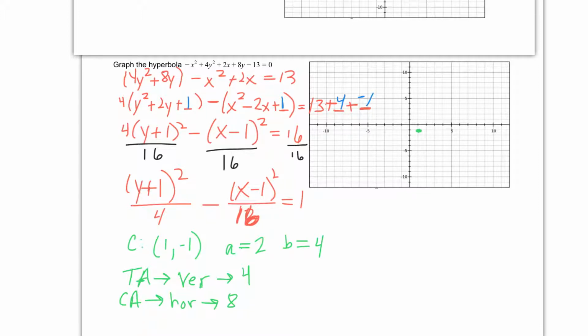And then we'll go ahead and graph our imaginary rectangular box. So with our transverse axis, we're going 2 up and 2 down. And our conjugate axis, we're going 4 in either direction. And then we'll get our rectangular box drawn in with our dotted lines.